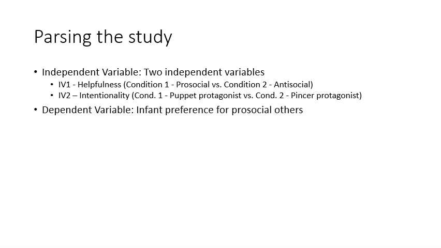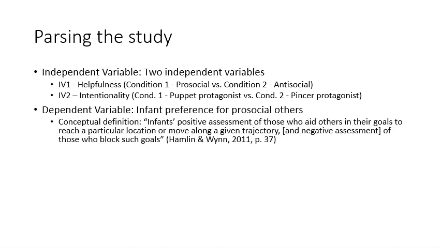So the dependent variable is the infant preference for prosocial others. The conceptual definition I got directly from their paper, but I had to go all the way to the discussion to find what I thought was a good conceptual definition. Infants' positive assessment of those who aid others in their goals to reach a particular location or move along a given trajectory, and negative assessment of those who block such goals.